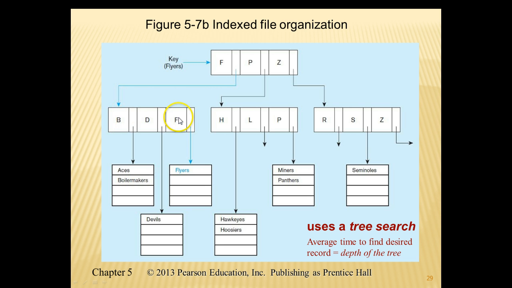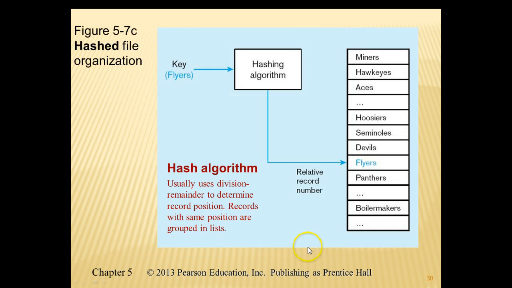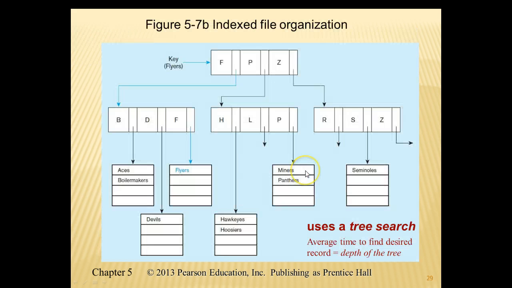It goes through B, D, and F, and then it goes down and finds flyers and does that relatively quickly. Now, of course, the average search time in a structure like this is going to depend on the depth of the tree.